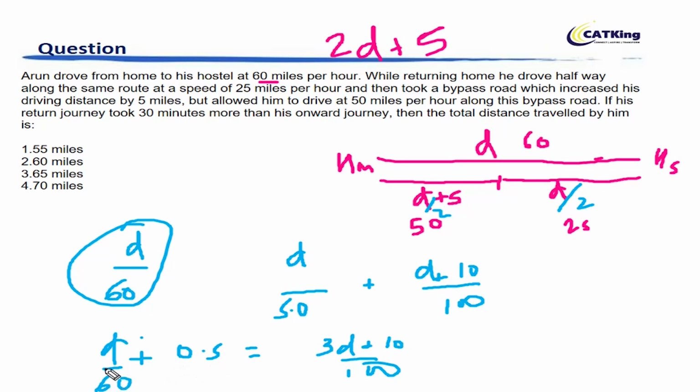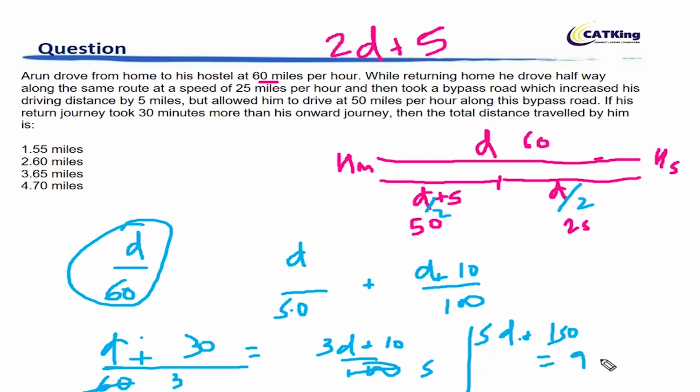So now 0.5 will get multiplied by 60, becomes 30. Now this is d plus 30. Now this is 3 times, this is 5 times, right? So this becomes 5d plus 150 is equal to 9d plus 30. Now 4d is equal to 120, so d is equal to 30.